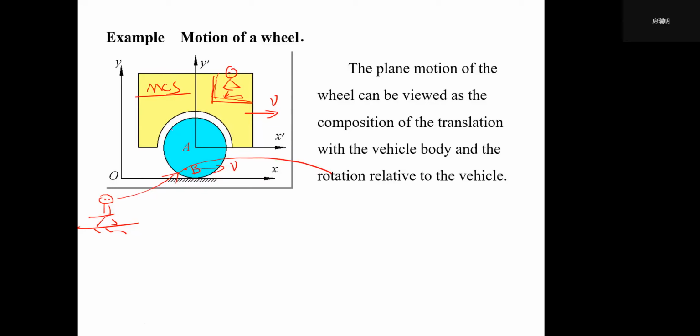If you're sitting on the car, you will say its motion is very easy, just a rotation. If you're standing on the fixed ground, you will see its motion is very complex. It is a plane motion, right?